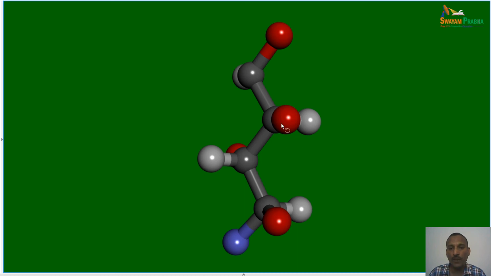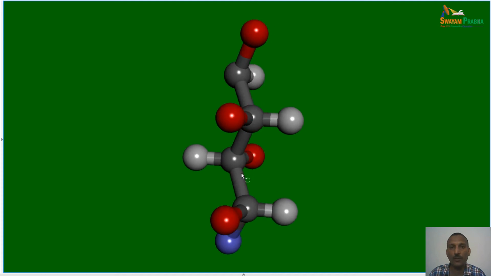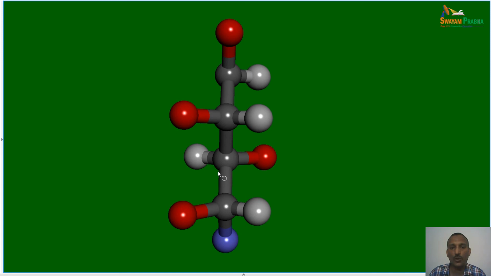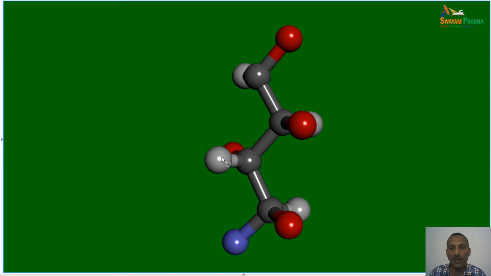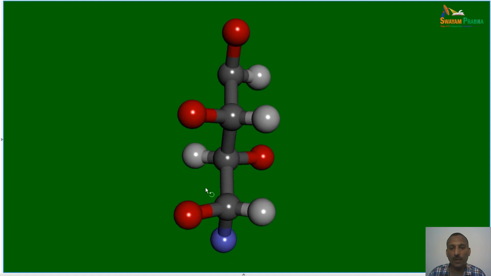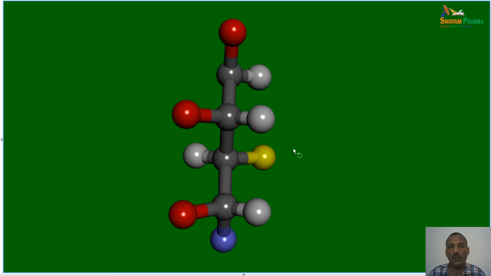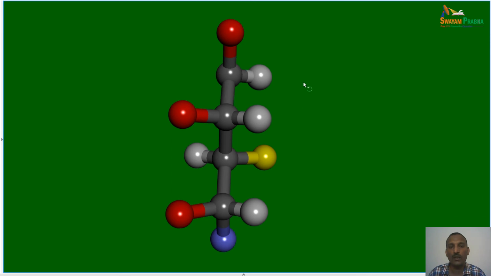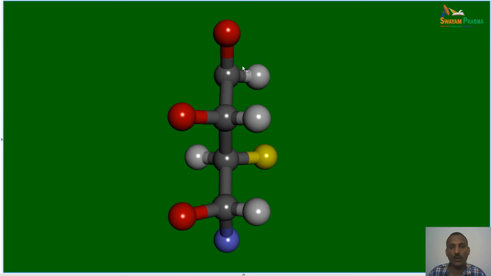So this way, when we are representing all the carbon atoms, every alternate carbon will be wrongly represented by the DL projection. So in order to write this in the same way, when a group is pointing towards the observer, this group has to come here and this group has to come here. So at every other carbon, we have to twist the molecule in order to write the proper Fischer projection for that particular molecule.